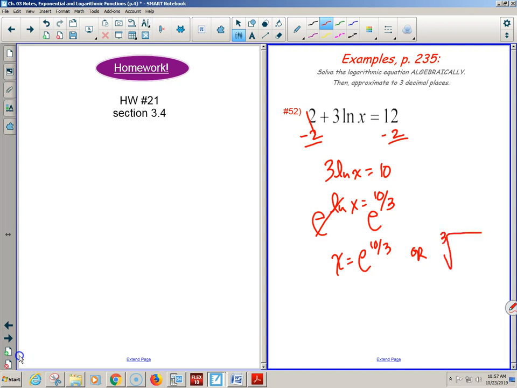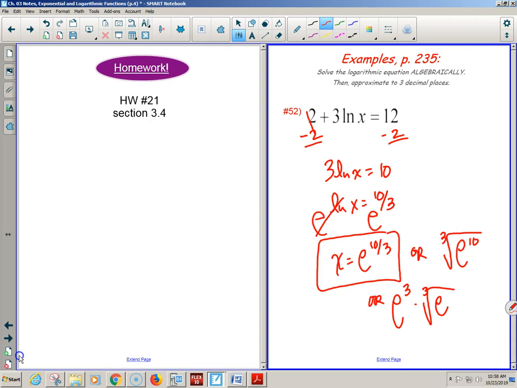There technically is a cubed root of e to the 10. That would be another way of writing it, because this is e to the 10/3, and then the cubed root of e to the 10. Wait, how would that equal the bottom row?